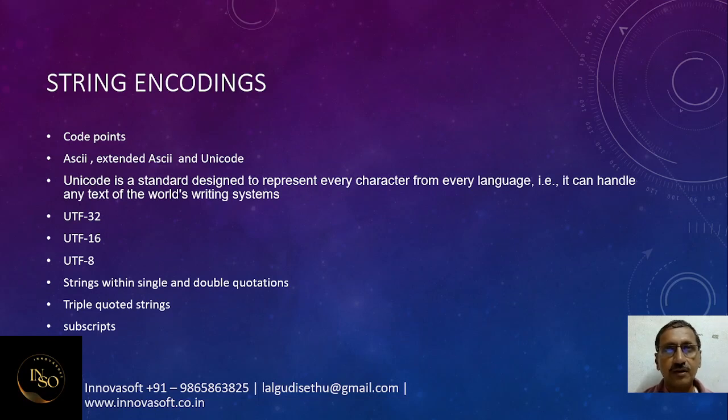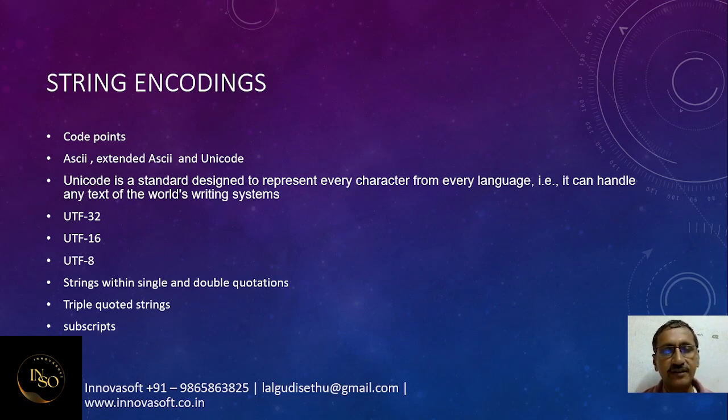For example, the English alphabet character small a has a code point of 97. Beyond 256 characters, some other value will be the code point. I'll be demonstrating those things.